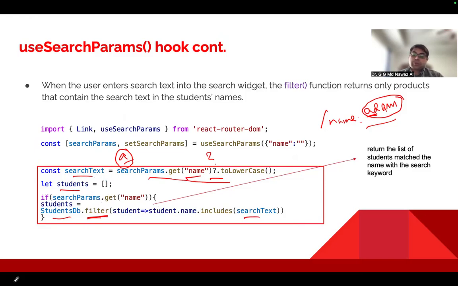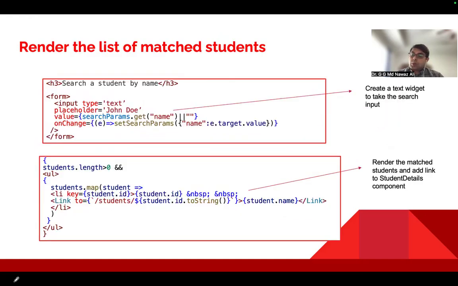So that's our students. Now another thing we need to do is create a search text box so that the user can search here. That's why we write an input of type text. Okay, and then you write the search name, whatever you want to search.